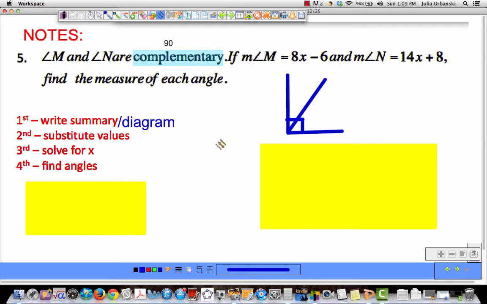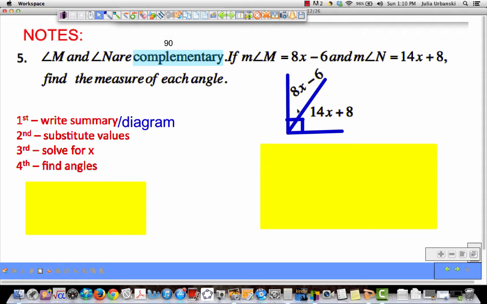All right, so now what you have to do is complete the diagram. Let's say that one of the angles, M, is 8x minus 6. Put that in your diagram, 8x minus 6. Turn that a little bit. Okay. And your other angle, N, somewhere down here, is going to be 14x plus 8. So write that in your other angle. And then look at how easy this becomes. Just like you had a quiz last week, all you do is angle addition.